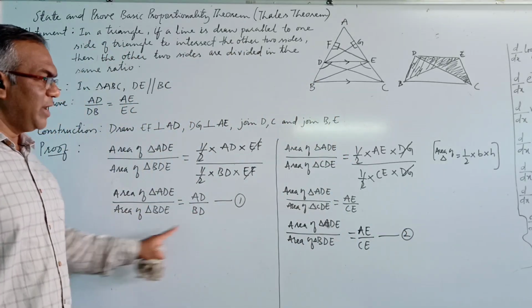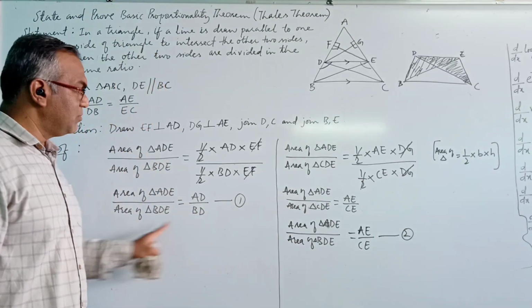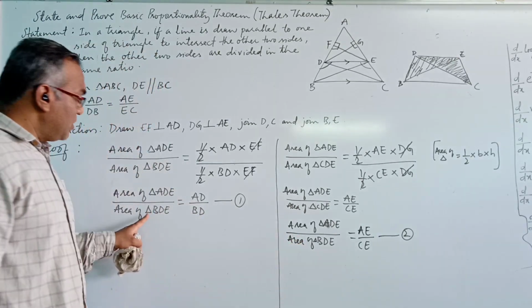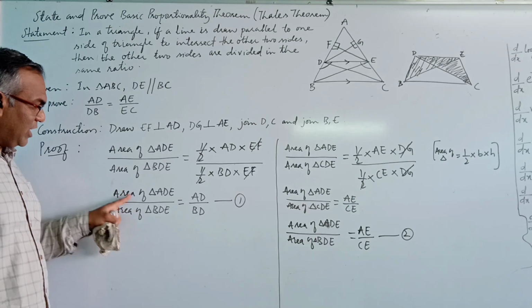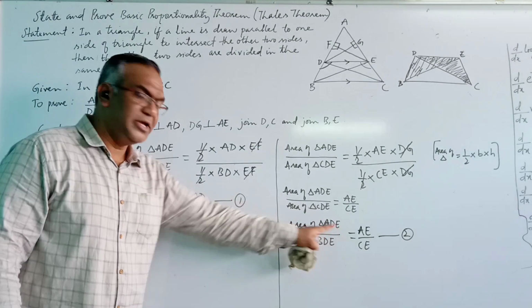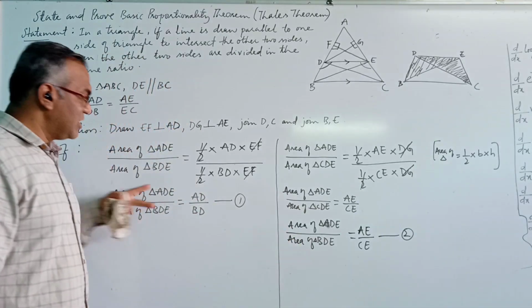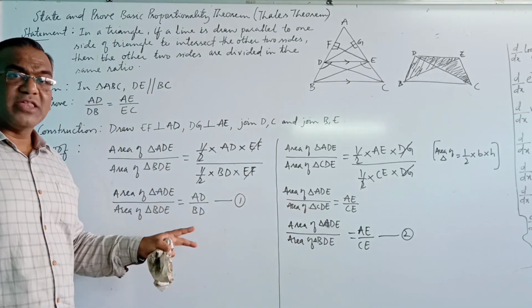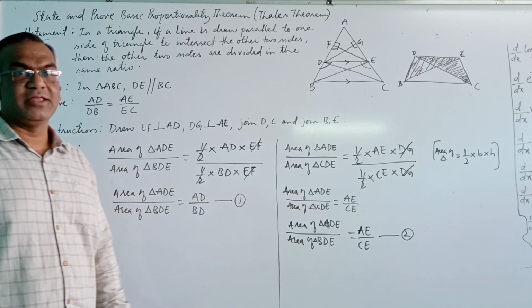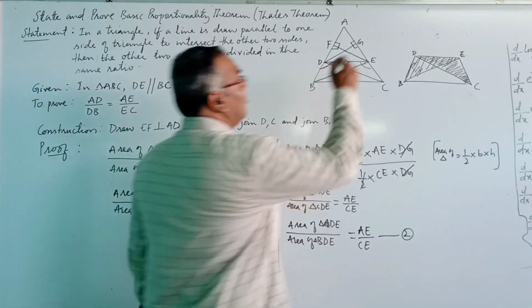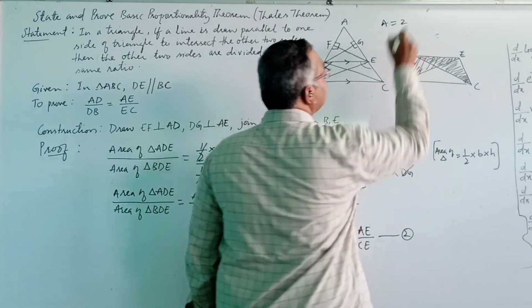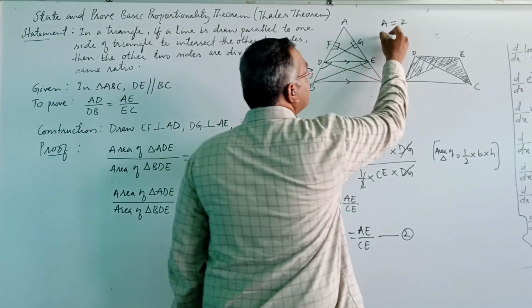Now observe equation number 1 and 2. They have LHS same. See, area of triangle ADE, area of triangle ADE, area of triangle BDE, area of triangle BDE. LHS are equal. If LHS are equal, we can equate RHS. This is how. Let's say A is equal to 2 and B is also equal to 2.